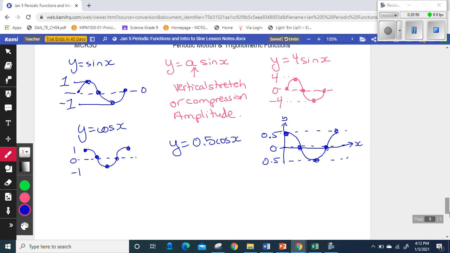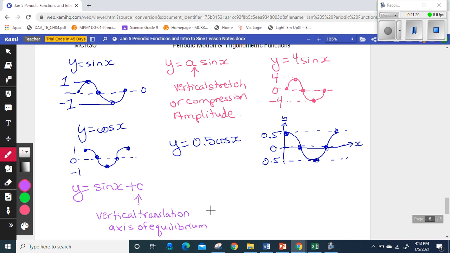And then we translated it up and down. So I said y equals sine x plus c. So that plus c out there is my vertical translation. And that's what plays with my axis. So it's actually my axis of equilibrium. So my axis of equilibrium is going to be at y equals c.